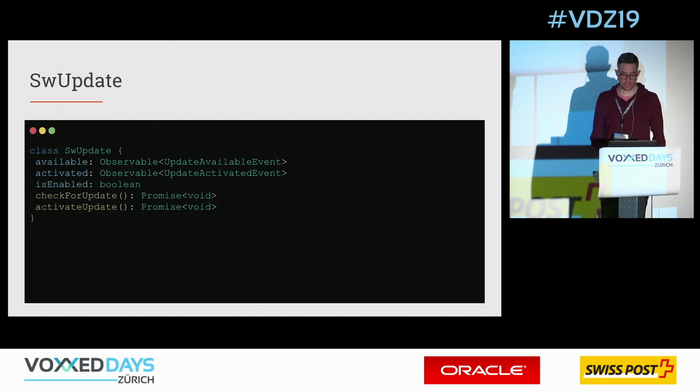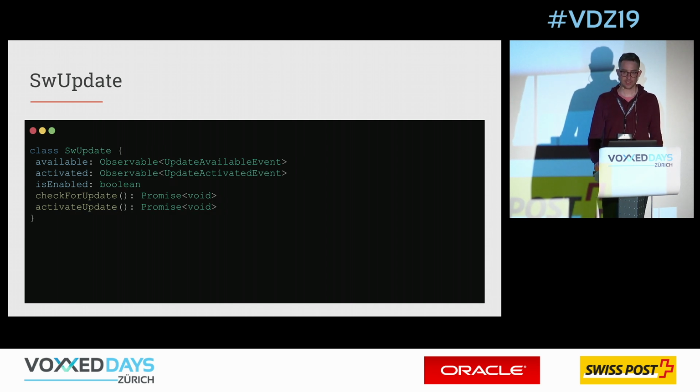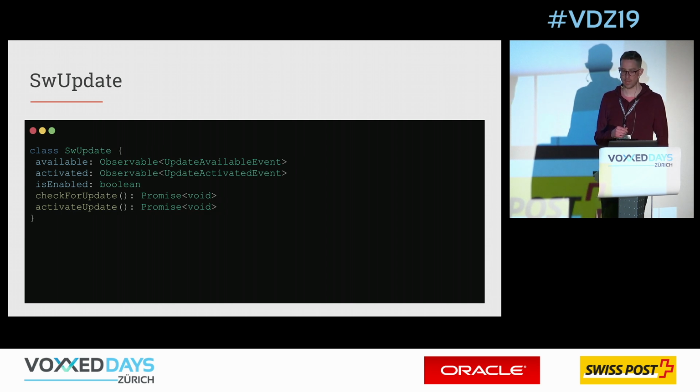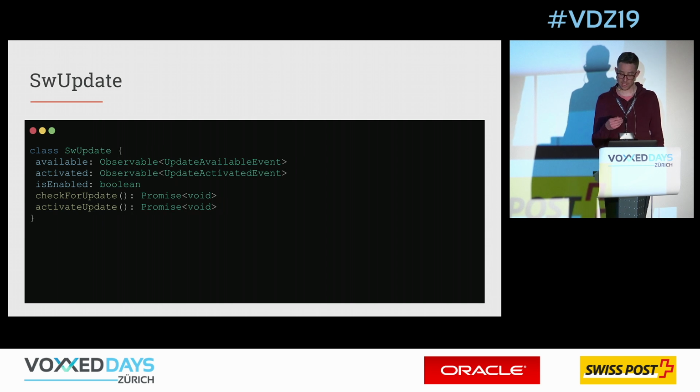Okay. We saw this briefly in my demo. This is the SwUpdate class. It's an injectable service that comes with the service worker module in Angular, and this gives us a couple of hooks into our application, into our PWA. So we can see if an update is available.